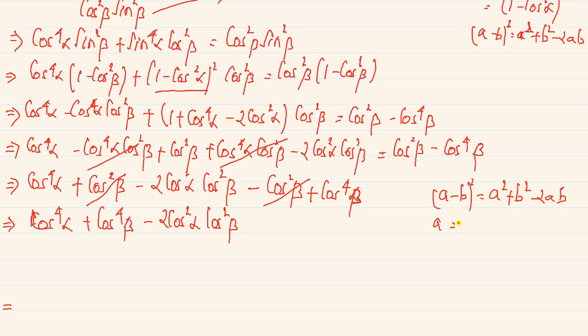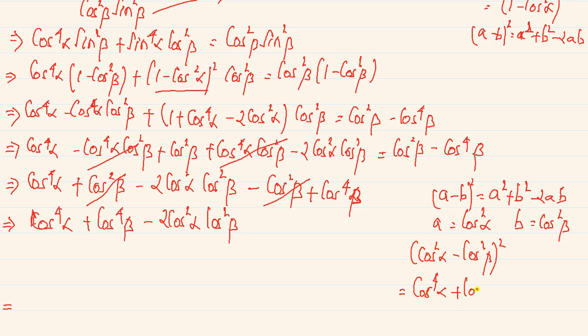Okay, now what we can do is assume that a is cos square alpha and b is equal to cos square beta. So if we replace the a and b values in a minus b the whole square, it will become cos square alpha minus cos square beta the whole square, which is equal to cos to the power of 4 alpha plus cos to the power of 4 beta minus 2 cos square alpha cos square beta.